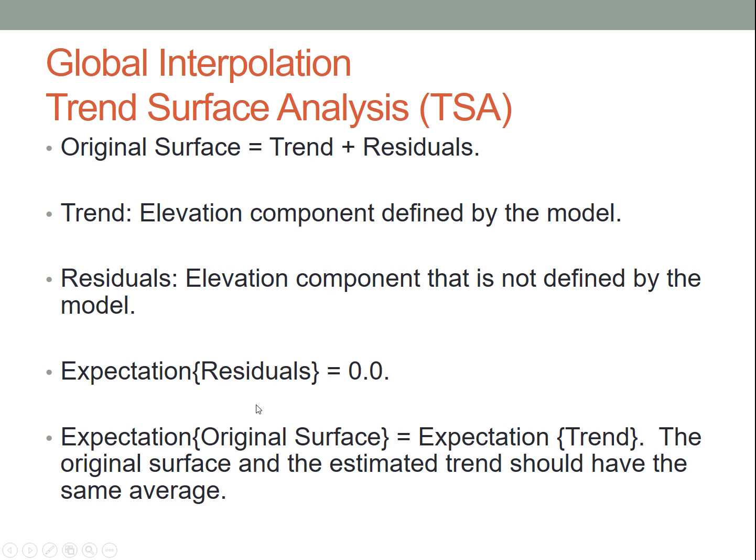So we want to minimize these residuals as much as we possibly can. But the key thing, and really important to note, is that the original surface and the estimated trend should have the same average. So if we add up all these residuals, they should equal 0. And that means that the mean should be the same for both the original surface and the trend.